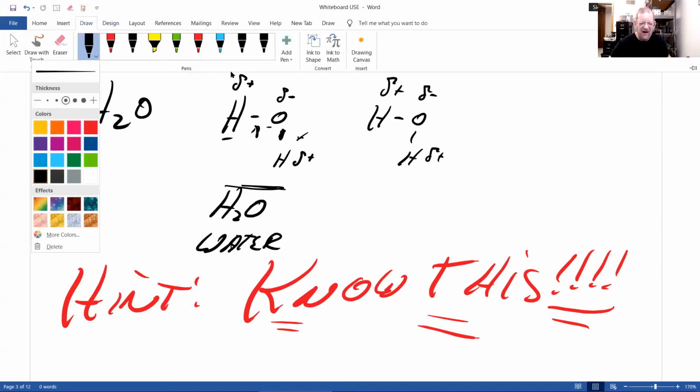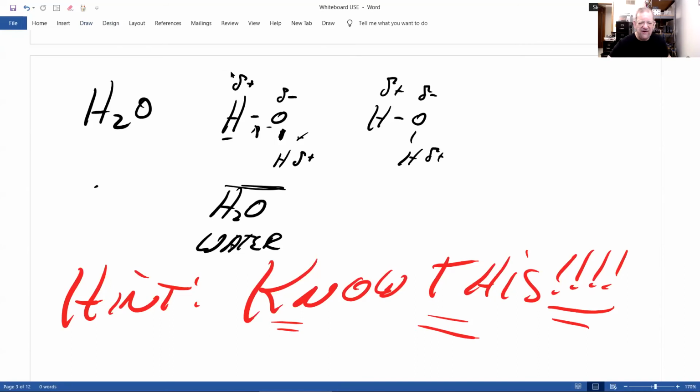And notice this oxygen has a negative charge. This hydrogen, on the other molecule, has a positive charge. So there's a very slight attraction between the water molecules.